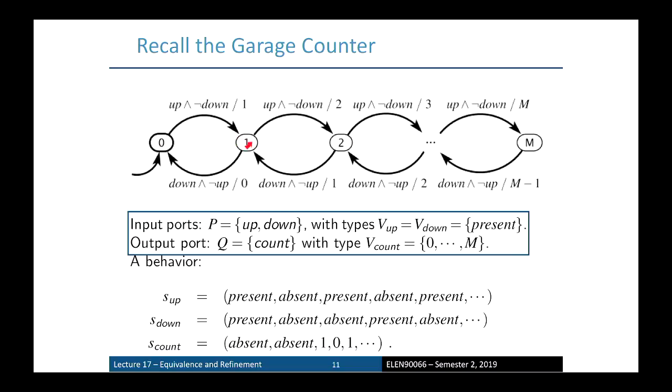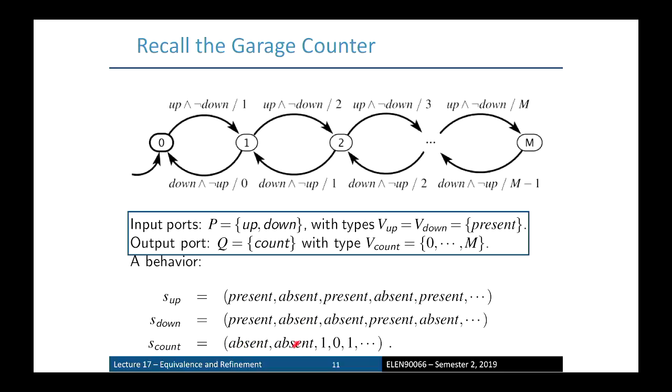So this state here actually holds the amount of cars that have come in, right? So up is present, down is present, etc. You can count up and down the chain. So if we look at sequences of inputs over time and have a look at the sequence of output over time, anytime, for instance, we have up and down both present, the count remains the same.